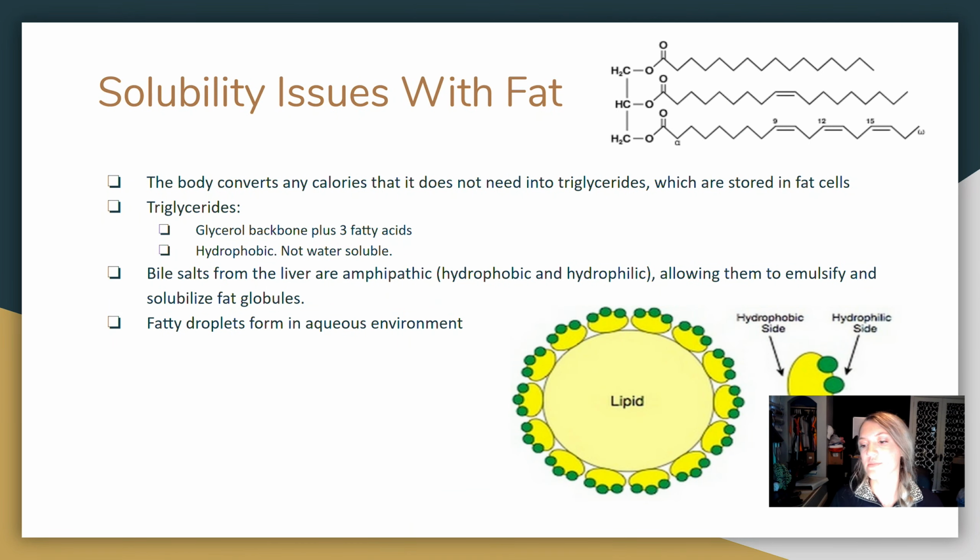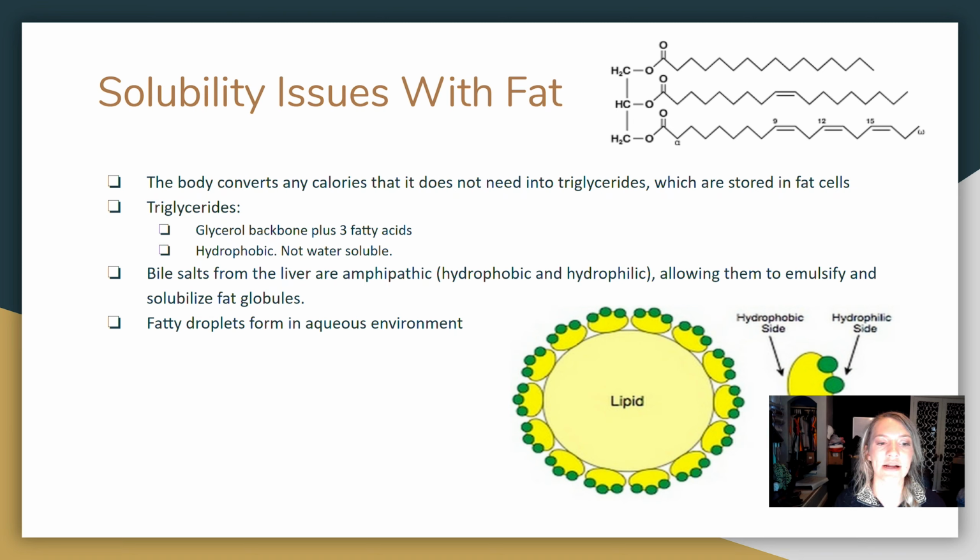The problem with fat absorption happens because most fat is not water soluble. The body converts any calories that it does not need into triglycerides, which are stored in fat cells. You can see a picture of a triglyceride at the top right hand corner, and it's made up of a glycerol backbone plus 3 fatty acids attached to that.